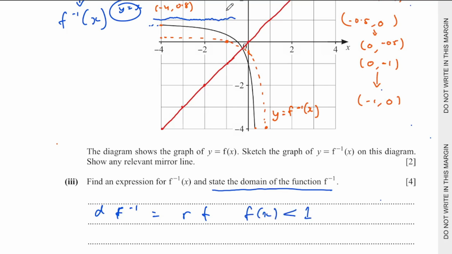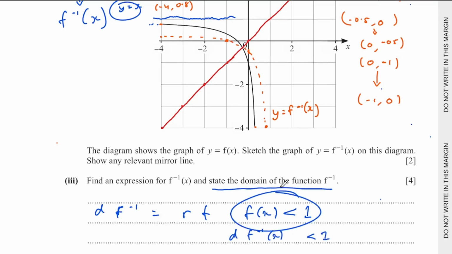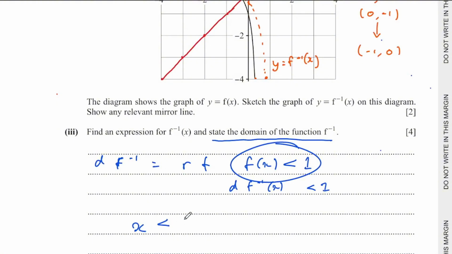It never really touches 1, right? Because that's an asymptote. And so the domain of f inverse of x would also be less than 1. So the same thing. So that means x less than 1 is the domain for f inverse.